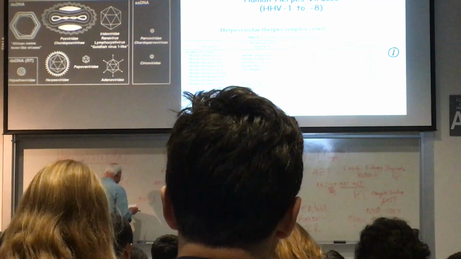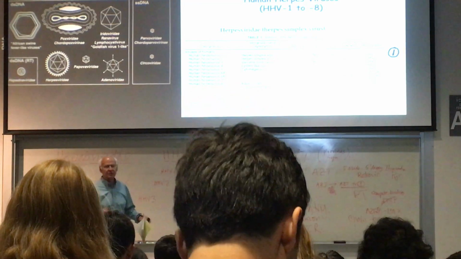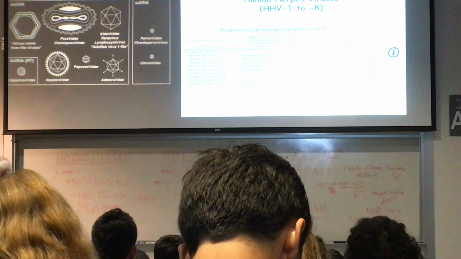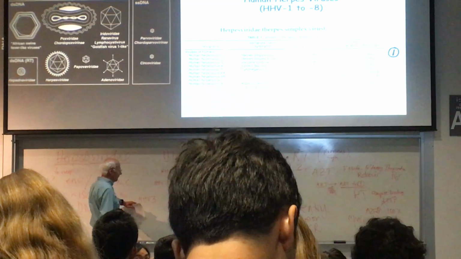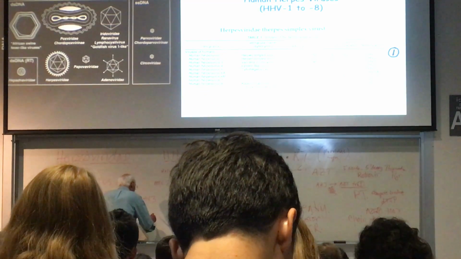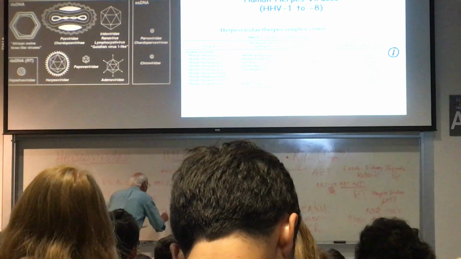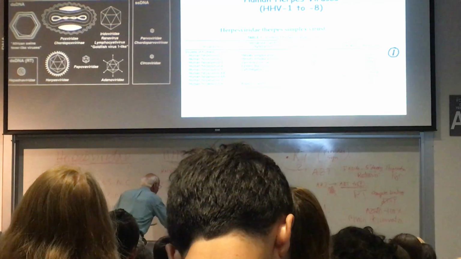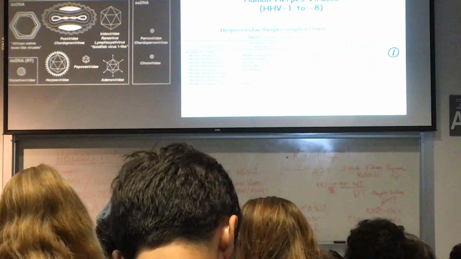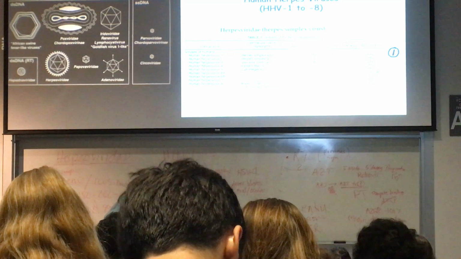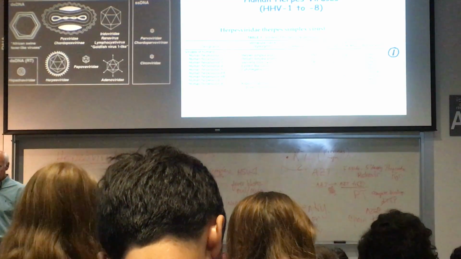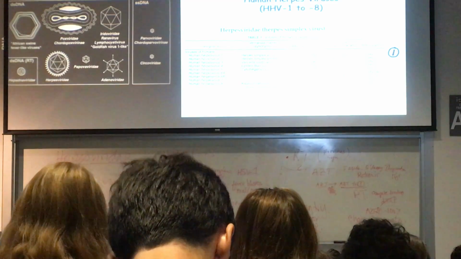HHV3 illustrates a property of all herpesviruses. Many of us have been infected by HHV3 in the varicella form. Varicella is chickenpox. So, highly infectious, typically a childhood disease. And chickenpox is caused by a herpesvirus, not a poxvirus.